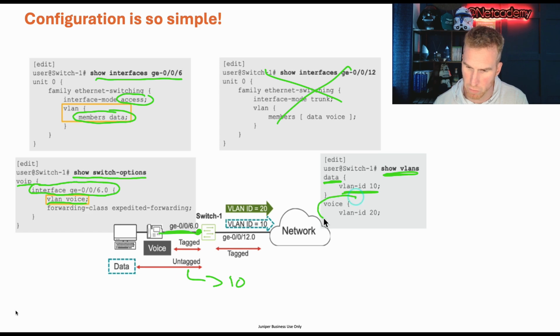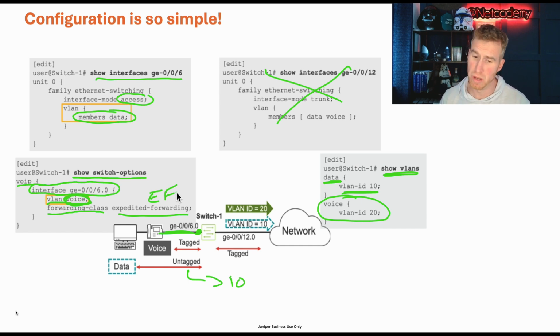That would be the voice VLAN 20. And then, as I said, you can even define the forwarding class, expedited forwarding, or EF, assuming you've got class of service and all the mechanisms set up. But to define it, as you can see, is so simple.